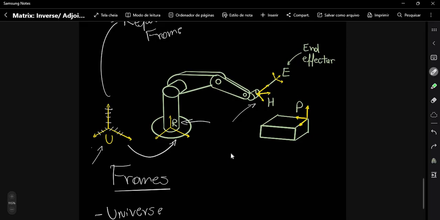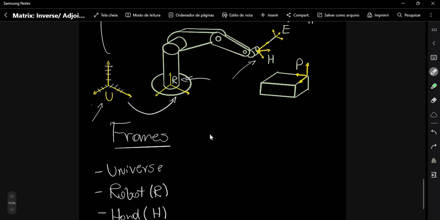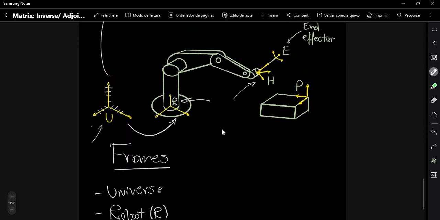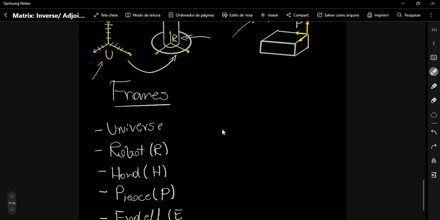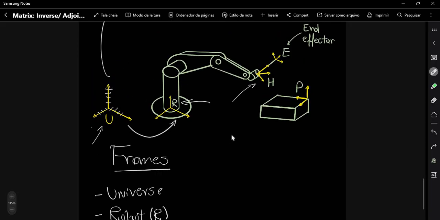So we already can write a transformation, which is one of the paths that we can take in order to reach the point where the end effector will be at the end of the task.